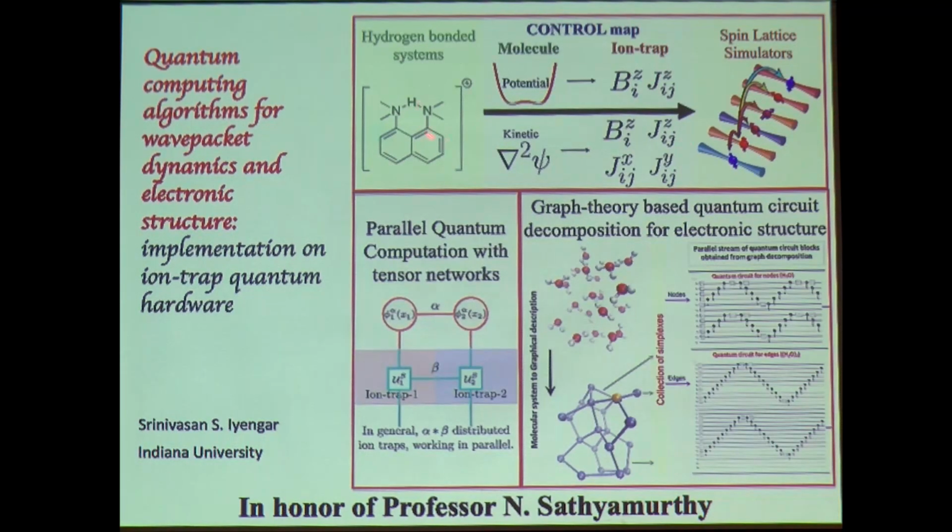One, we call analog quantum computing, where Hamiltonians for wavepacket dynamics are mapped directly onto quantum systems. Secondly, we also have a digital paradigm where we try to bring down the quantum circuit depth by several orders of magnitude, and I'll talk to you about that. And we also have new methods for doing electronic structure theory on a quantum computer.